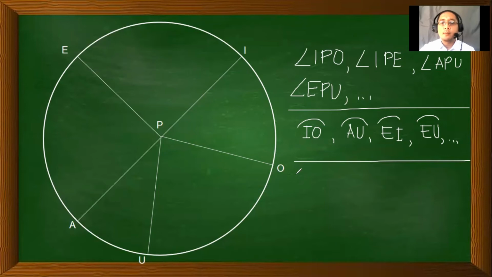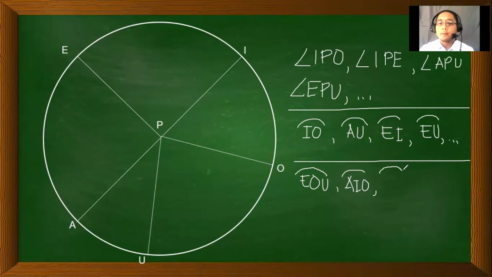So, let's start. Arc EOU is a major arc because, observing the given illustration, it is greater than 180 degrees. Another is arc AIO, which is greater than a semicircle.